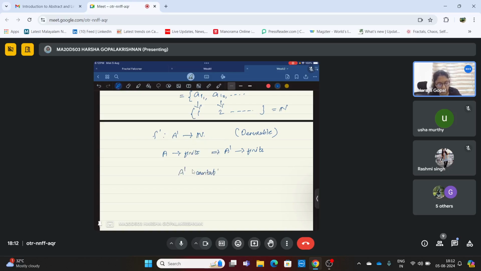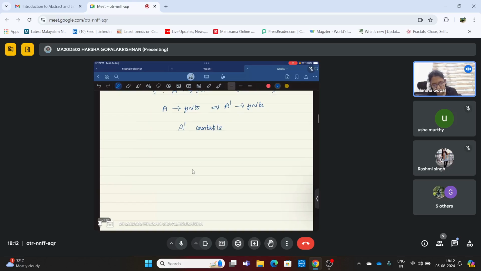That means it can be either finite or countable. Okay. And one more case is there. Just to be specific, if A is an infinite set, in that case also A dash can be finite.